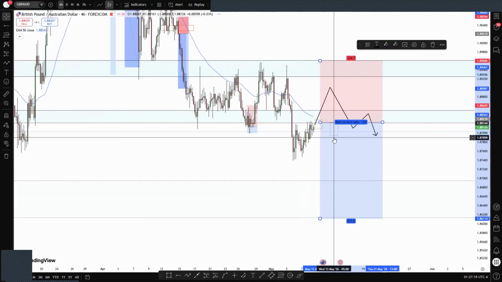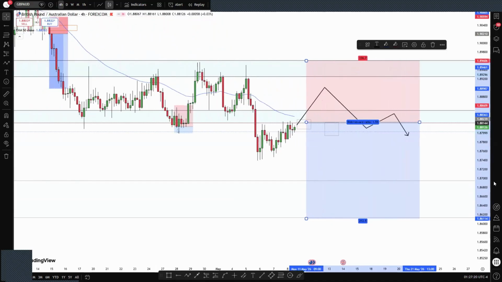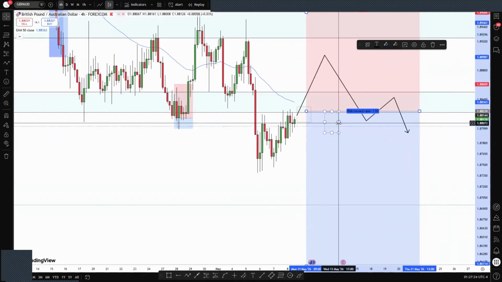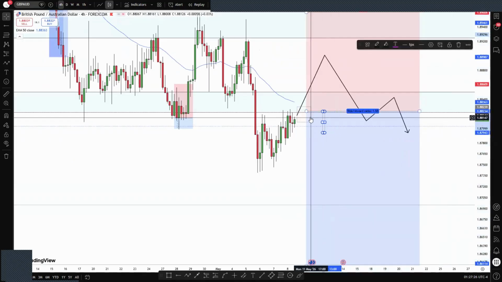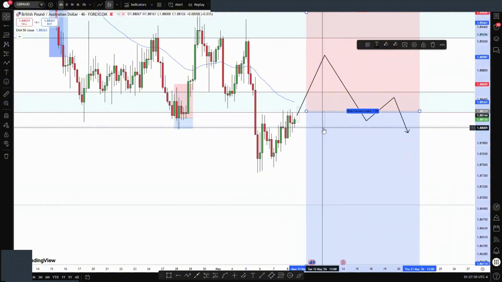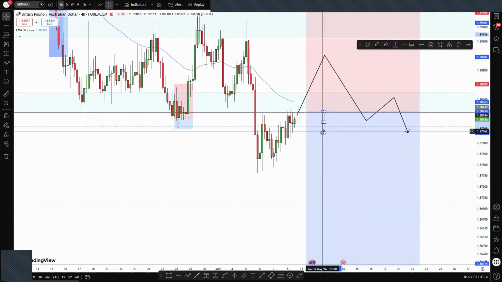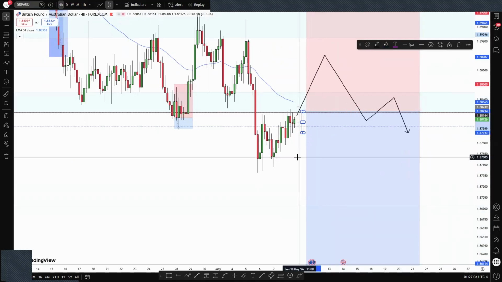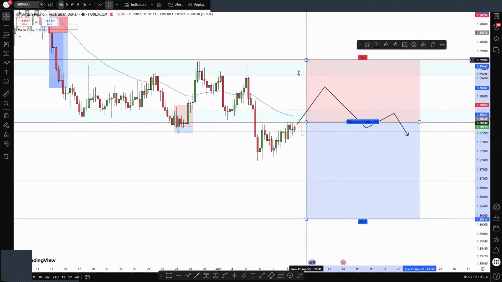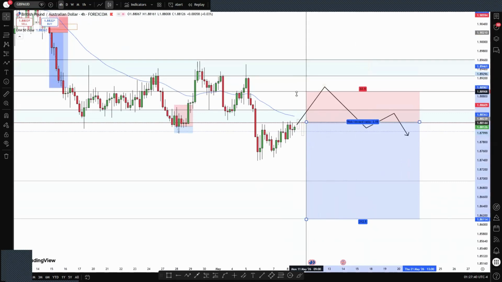That's why I need some market structure within this zone so I can sell based off the market structure once price is at this level. So at least I can reduce my stop loss from there to here or somewhere there.